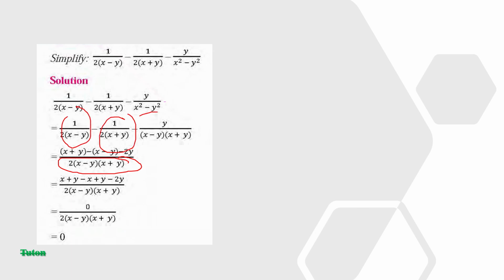Out of these 3 fractions, we have to look at the denominators. Here we have 2 in common, that's why we have this term, and here we have the 2x minus y term, that's why we have this term, and we have x plus y and x plus y. We have these two terms in common, that's why we have this term in our LCM.